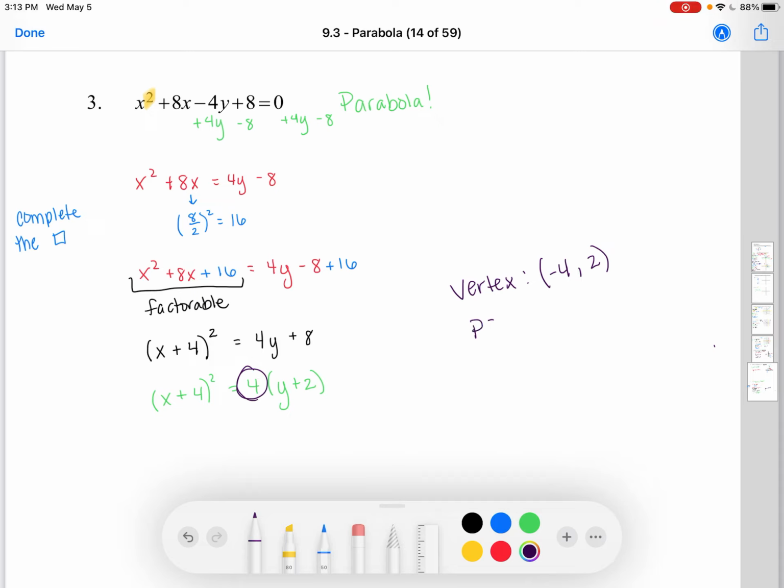And then that would tell me my p-value, when I set it equal to 4p equals 4, then my p-value is 1. Therefore, if I were to find my focus and go up and down 1 to find my focus and my directrix, that would be -4, 3, as well as a horizontal line at y equals 1.